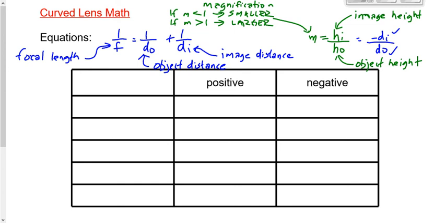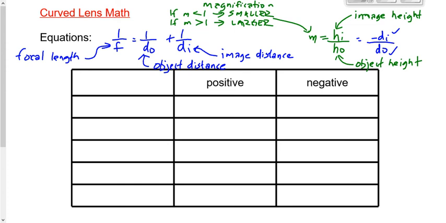If I get a magnification of 2, smaller or bigger? Bigger. Magnification of 12, smaller or bigger? Bigger. Magnification of 0.75, smaller or bigger? Smaller. It's 3/4 the size of the object.